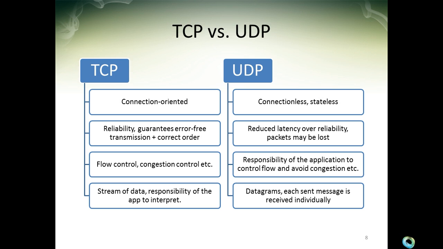UDP, on the other hand, is much simpler to handle in that case because it uses datagrams that are sent out as soon as you tell it that data should be sent, and they are also received individually, so you don't have to care about combined and split up datagrams.